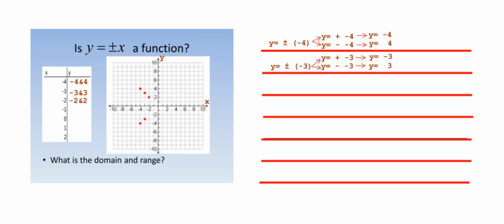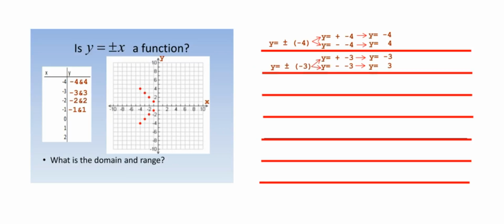So -2 for x and +2 for y, and -2 for x and -2 for y. Well, what happens when x is -1? It looks like it's going to be a similar scenario. We're going to get -1 and 1, and likewise we'll plot them at -1 for x, 1 for y, and -1 for x, -1 for y.